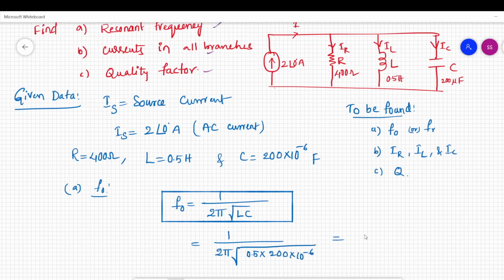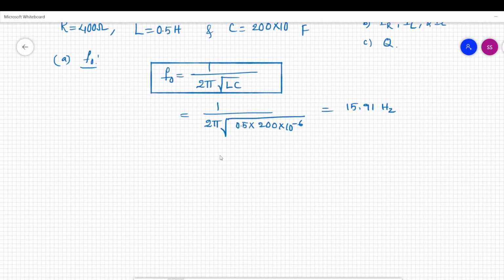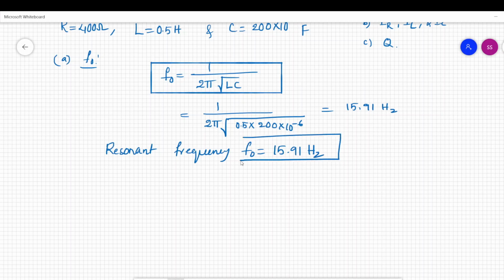That will be equal to 15.91 hertz. Now we have found resonant frequency of the circuit. We need to write down the answer clearly for every problem. Even I forgot to mention, you need to write it down. Resonant frequency f naught equal to 15.91 hertz, right?